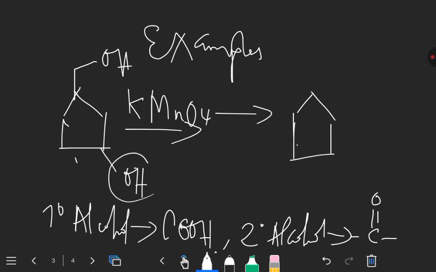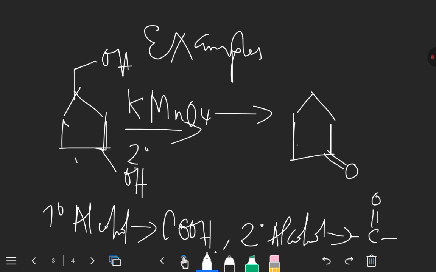We know that this alcohol here is bonded to two carbons, so it is a secondary alcohol. Because it's a secondary alcohol, it will be converted to a ketone. So we'll simply have a ketone there like that. Then for this one, we can see that this alcohol is just bonded to one carbon, so it's a primary alcohol.